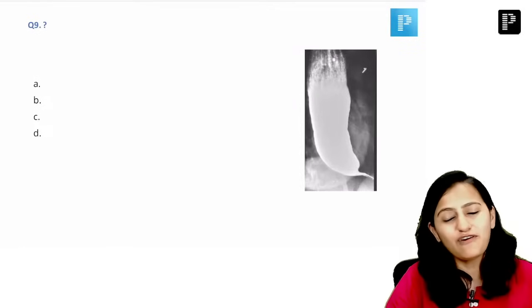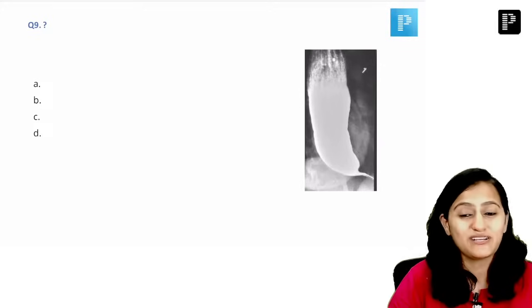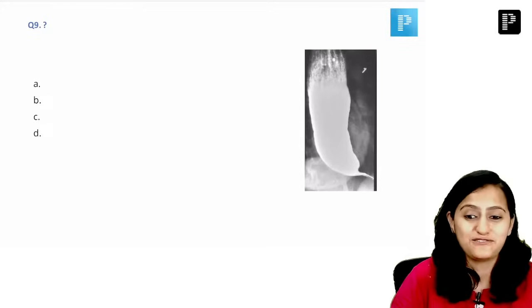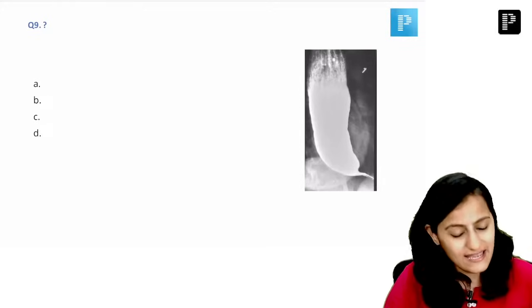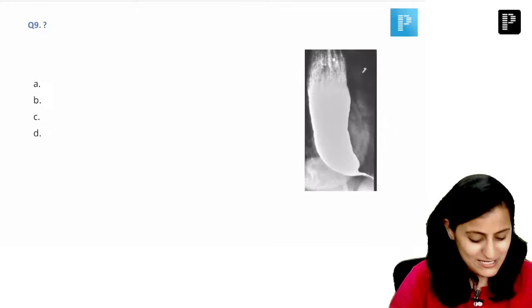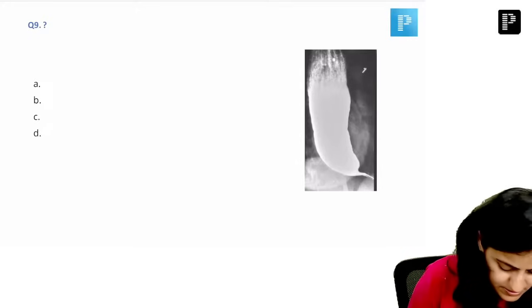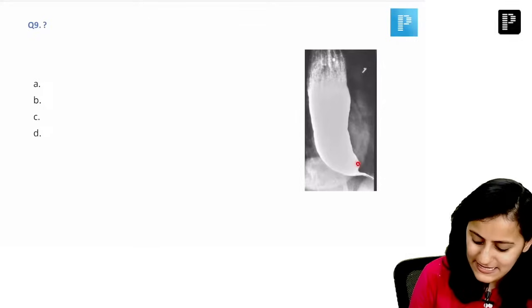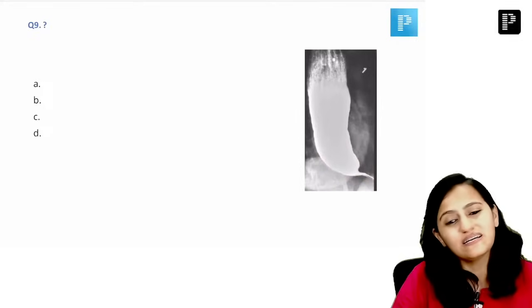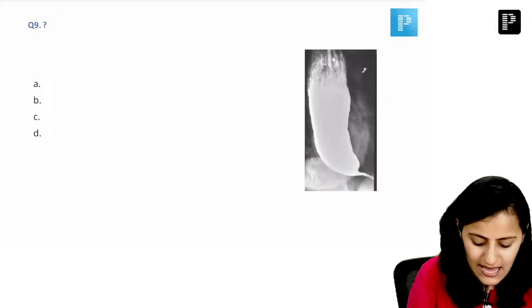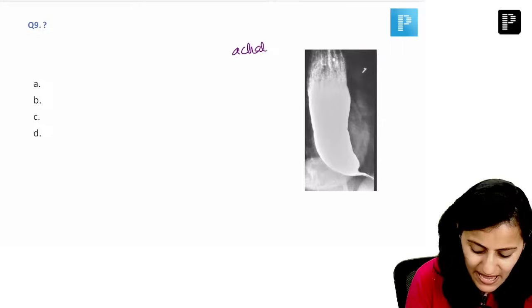This was a straightforward question. Please do not overthink here whether this is carcinoma esophagus or achalasia. This was a very straightforward one. The lower esophagus was showing the bird beak appearance, and the answer here was achalasia.